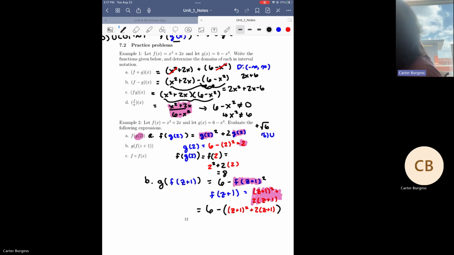And what do we do with that? That is squared. A little bit gross looking. Again, I don't require us to simplify. Let's leave it. That's a lot of the work right there. We are just taking f of z plus 1, replacing it with what we know that is.